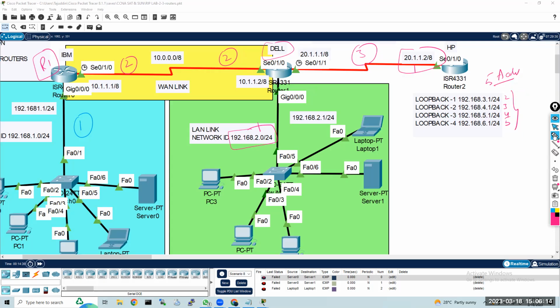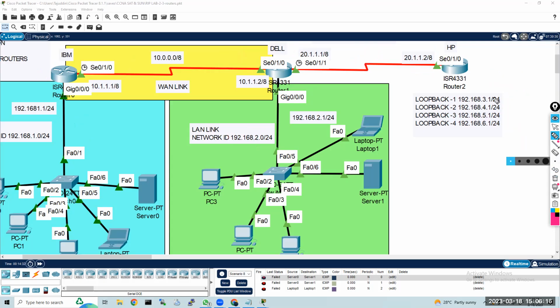Understood, guys? So on the HP side, you have 5 networks. This is 1, and the other 4 are 2, 3, 4, and 5. So how many networks total for that topology, the 3 routers?